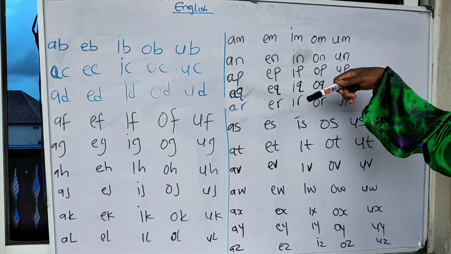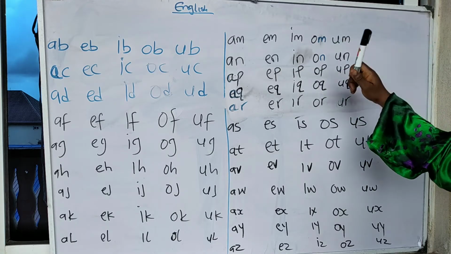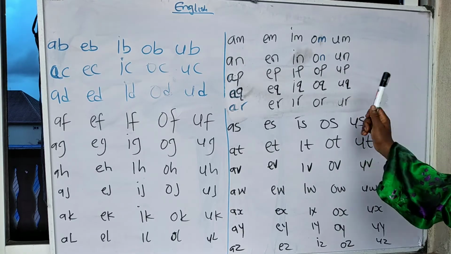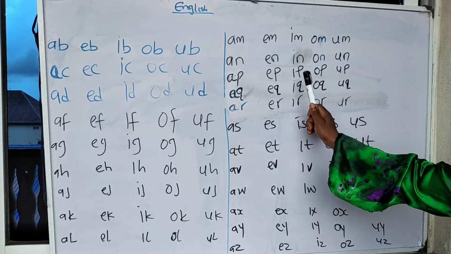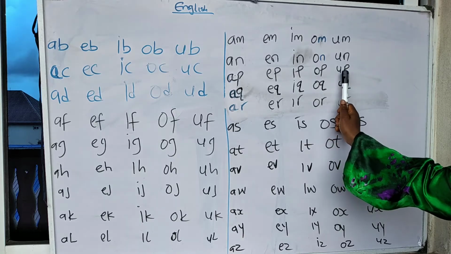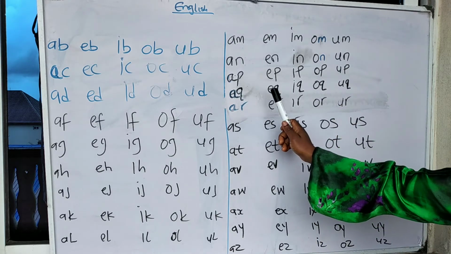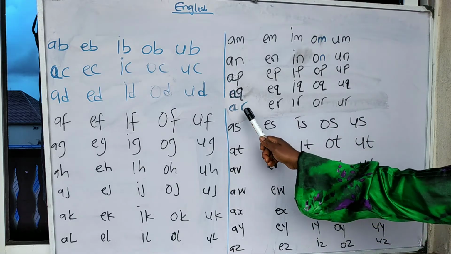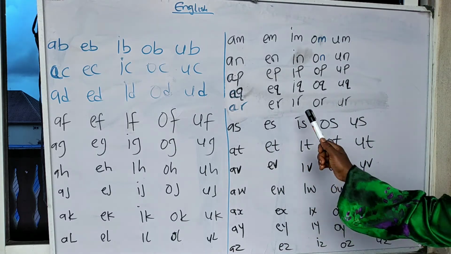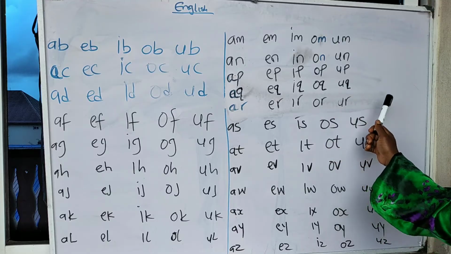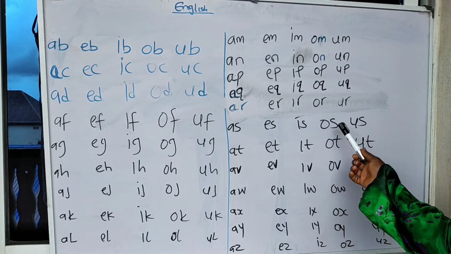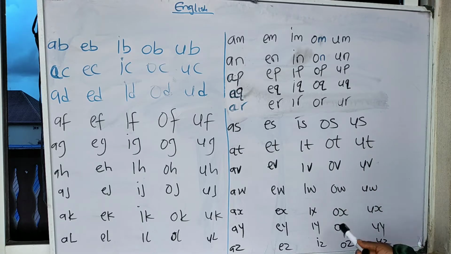Im, an, en, in, on, un. Up, ep, ip, op, up. Ak, ek, ik, ok, uk. A, e, i, o, u. As, es, is, os, us.